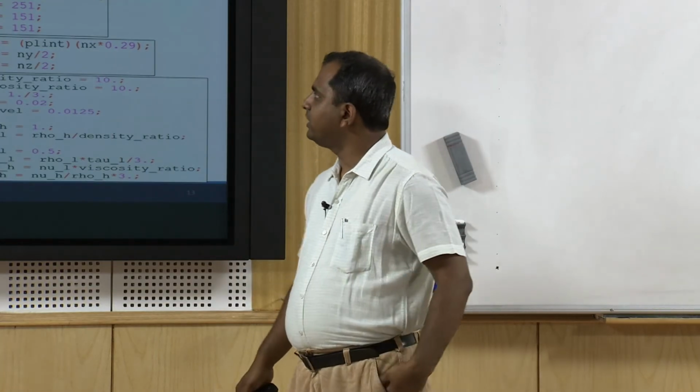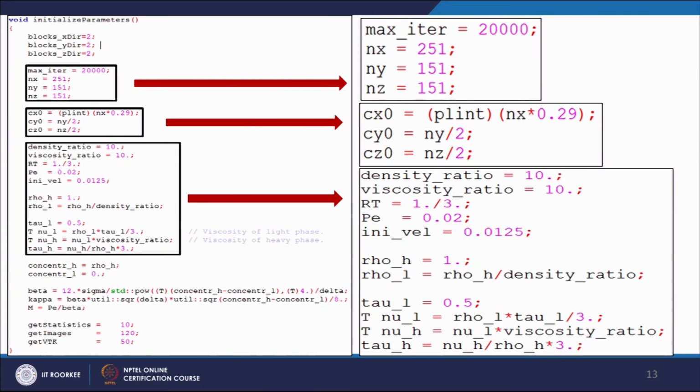So, it is actually a 2:1:1 ratio domain. Then here we have given CXO, CYO and CZO, which are the center of the bubbles. CXO is the x coordinate, CYO is the y coordinate and CZO is the z coordinate. We have given all these in terms of Nx, Ny and Nz.